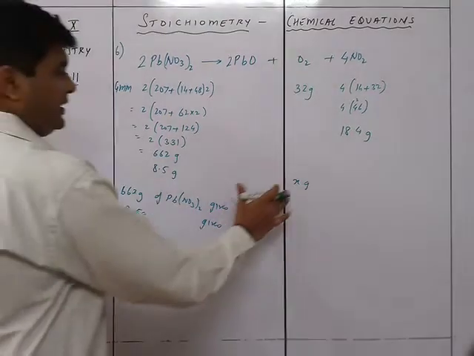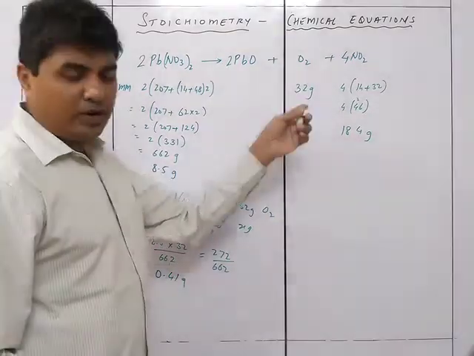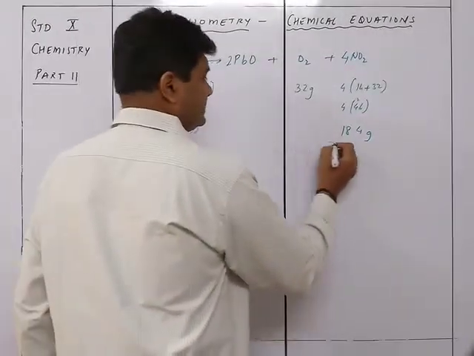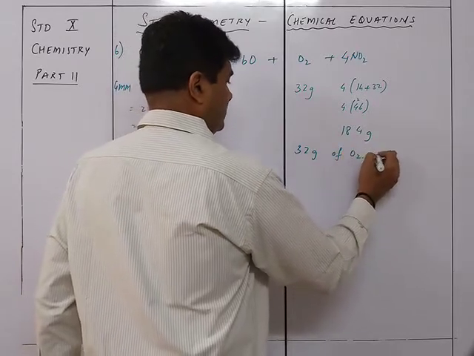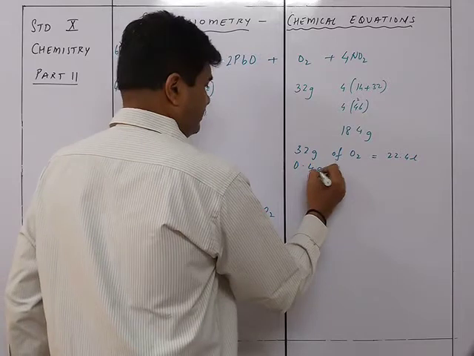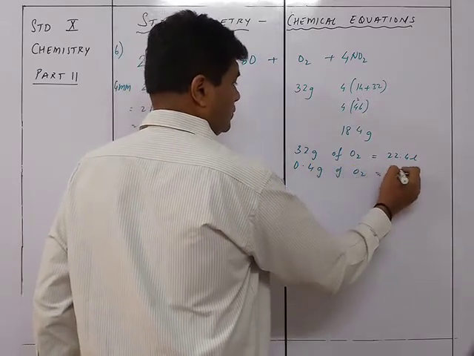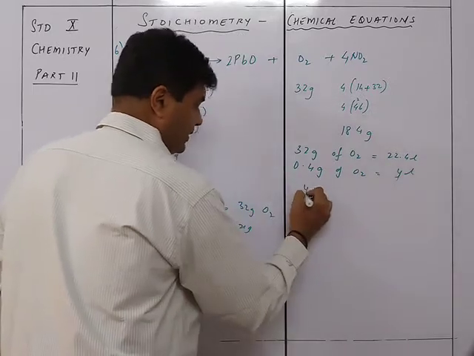So now what we see is 32 grams of O2 is equal to 22.4 liters. So 0.41 grams of O2 is equal to Y liters, because X we have already used over here.